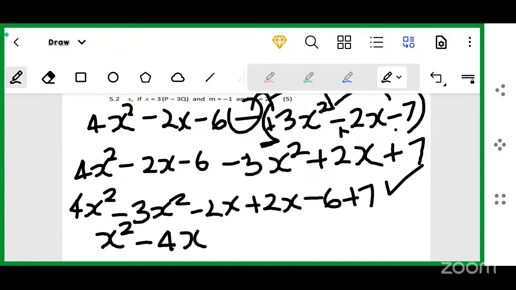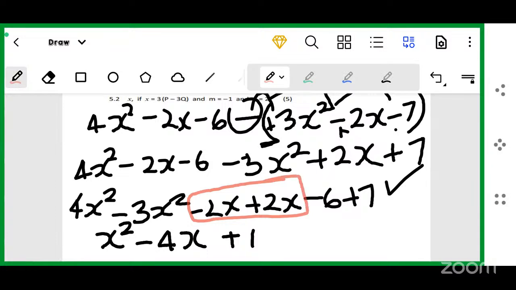Negative 6 plus 7 equals 1. Perfect. Which one? The last positive one? Positive one. Okay.